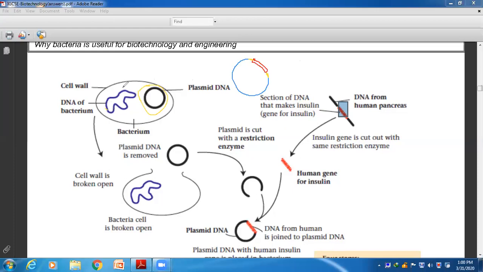This is the actual DNA of bacteria, but with that there is another fragment called plasmid. It is in the form of a ring. And a question some students can ask is, why do bacteria have plasmid? The answer is that this plasmid contains an antibiotic resistance gene.